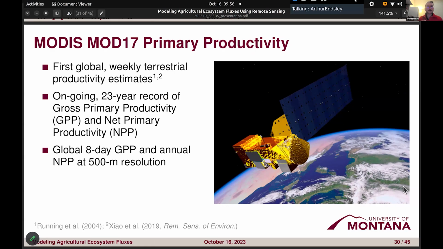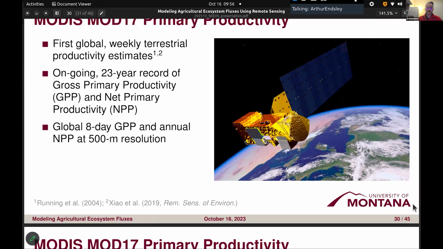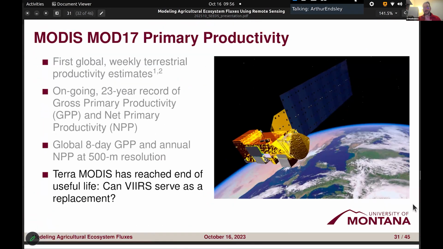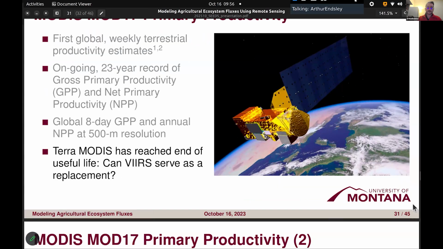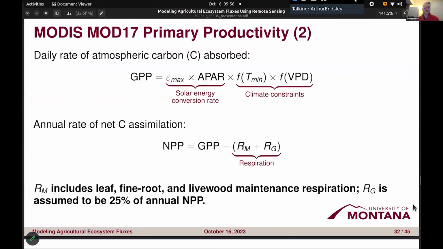We're approaching a 25 plus year record of gross primary production and net primary productivity. And it has that same resolution that's really limited by the satellite platform that we have. What we've been involved in more recently is trying to, again, extend this record from MODIS to the new VIIRS satellite sensors.